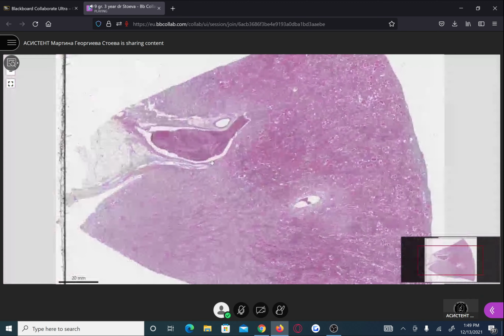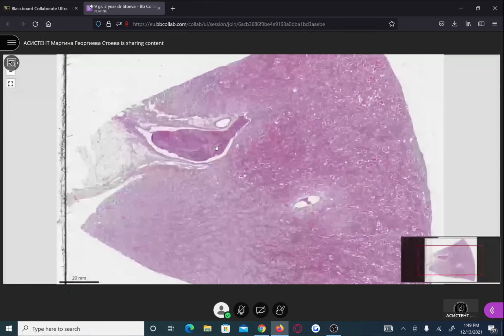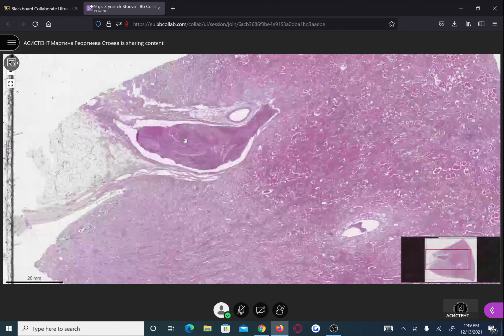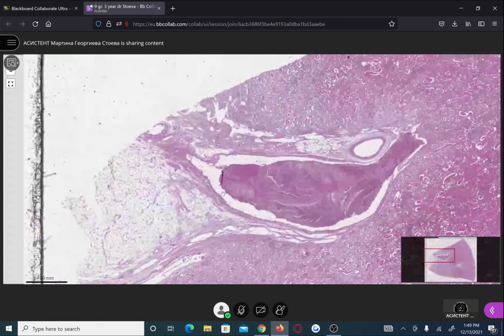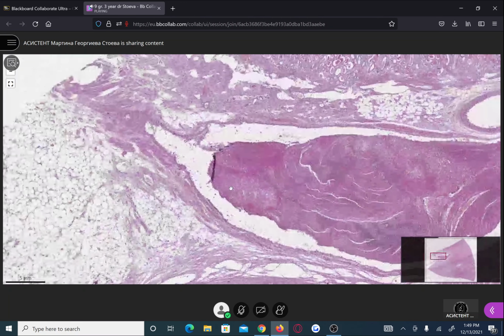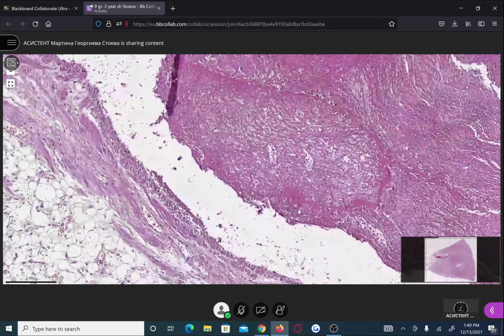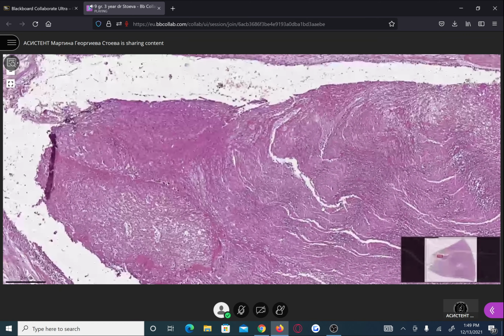And yeah, there is another prominent thing that you shouldn't mention from the very beginning, but only if you're asked. There is one blood vessel here, a very large one, which contains a thrombus. Or it could be an embolus, of course.